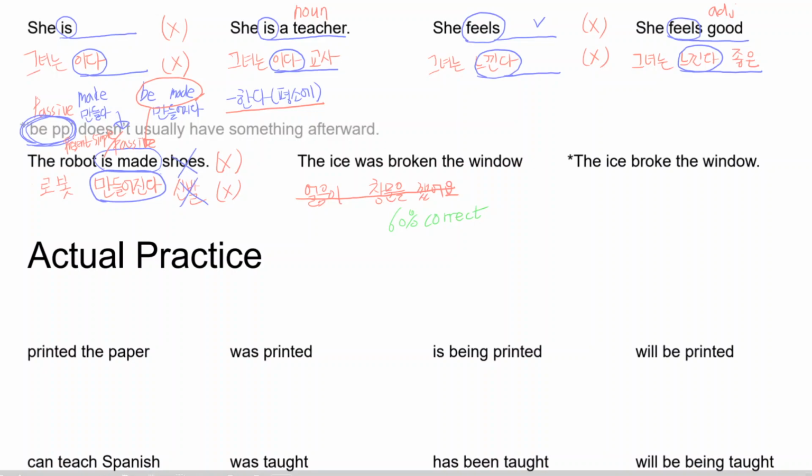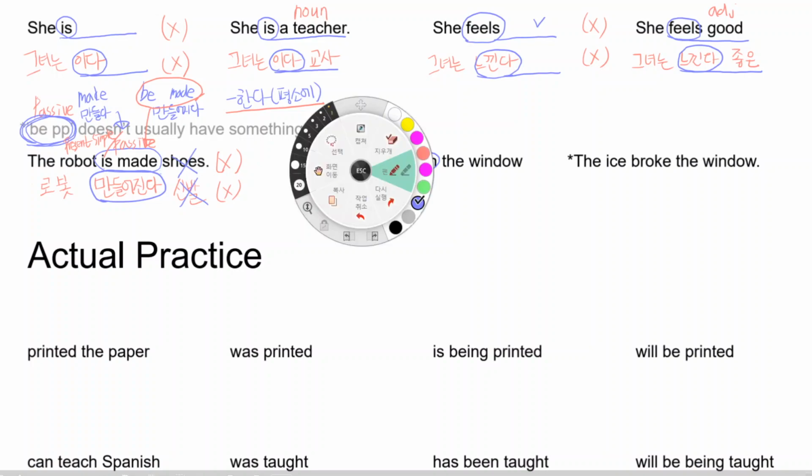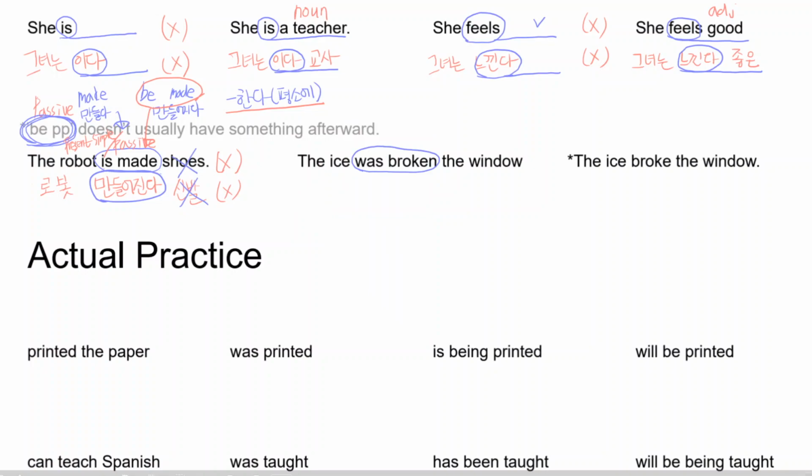All right, so let's take a little time here and be very thorough in the translation. Okay, we'll do the things we have been doing. Once again, we're drawing a little circle around the verb, but at this time we have BPP, so we're gonna draw a little circle around the whole BPP.